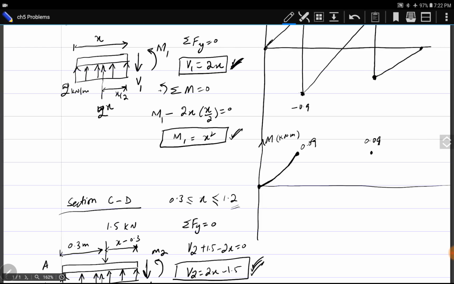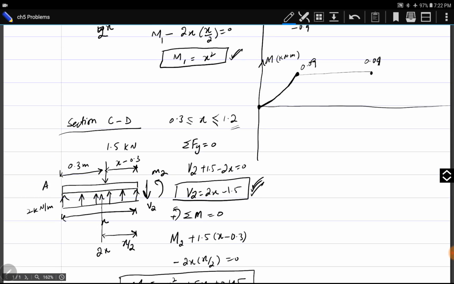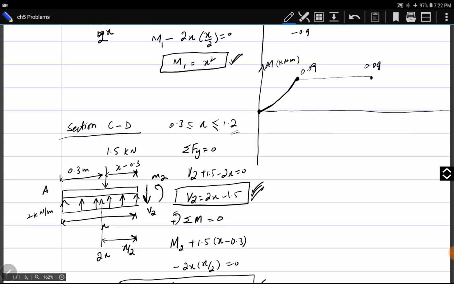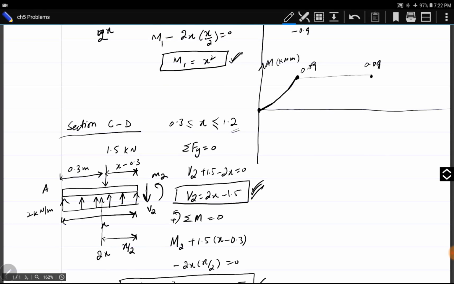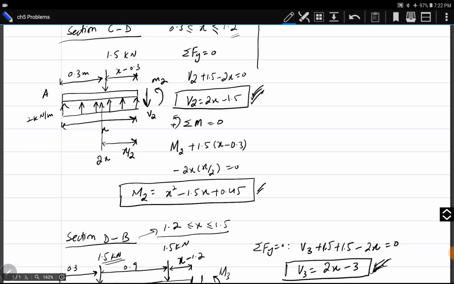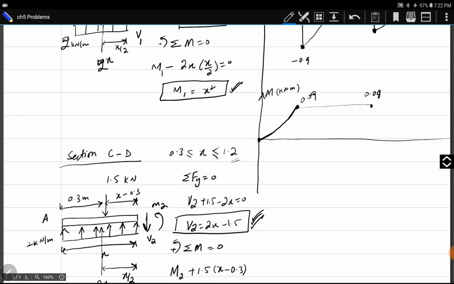It seems like the diagram will be a straight line, but it should not be, because it is a quadratic moment expression. We only found 0.09 and 0.09 at the ends, so we need to have a curve here.